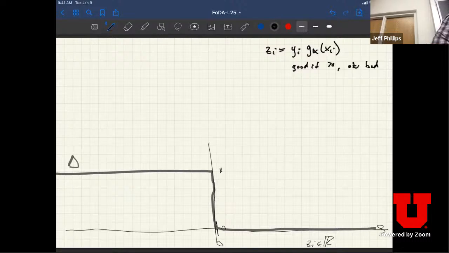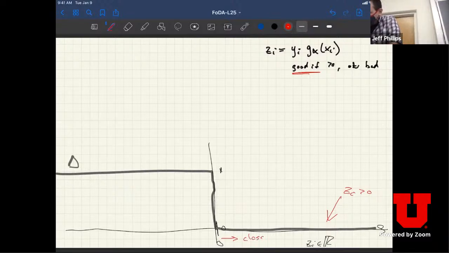If my ZI value is greater than 0, it's good. This whole region on the right of the 0 is good, and left of 0 is bad. Right of 0 means I've classified correctly on this data point. Left of 0 means I've classified incorrectly.